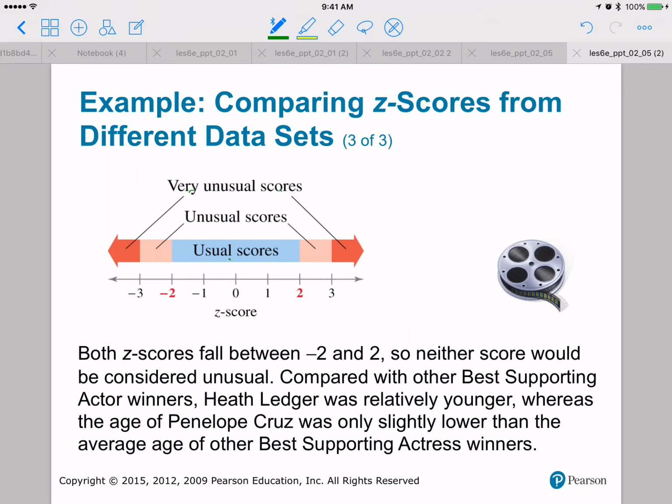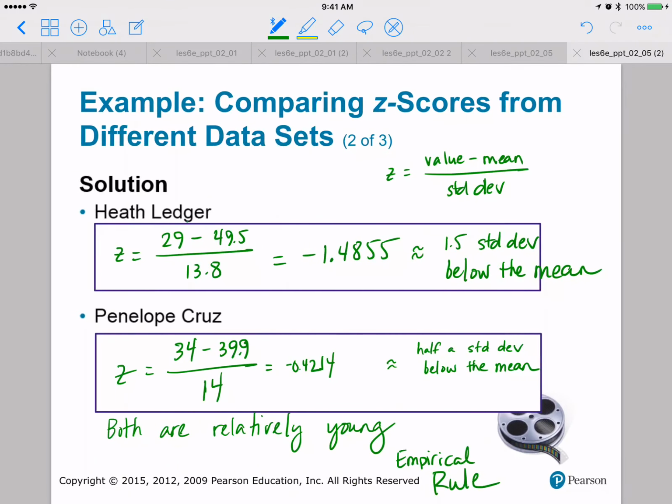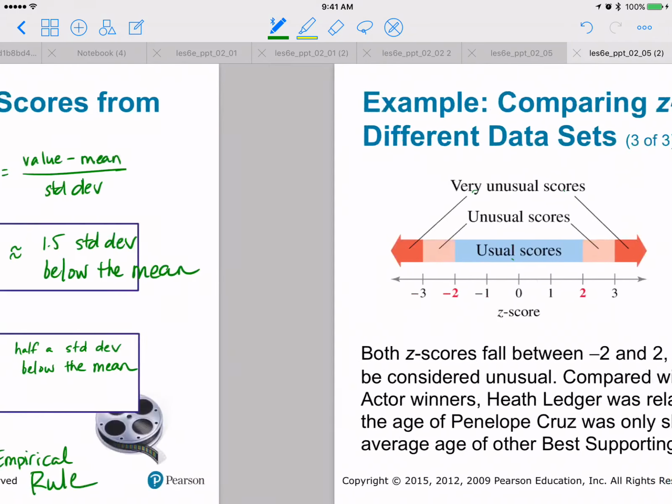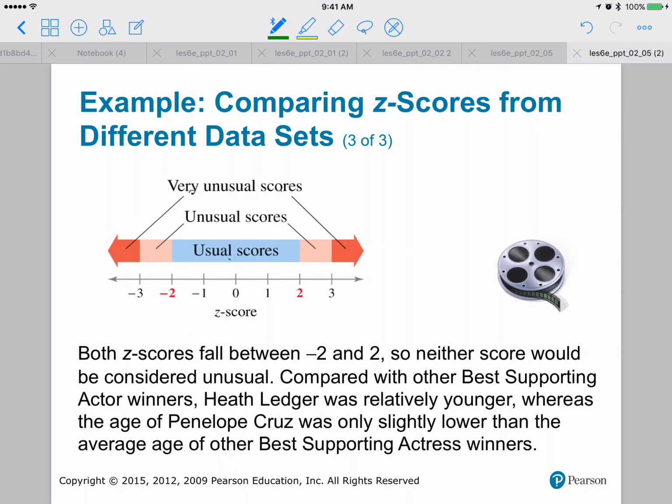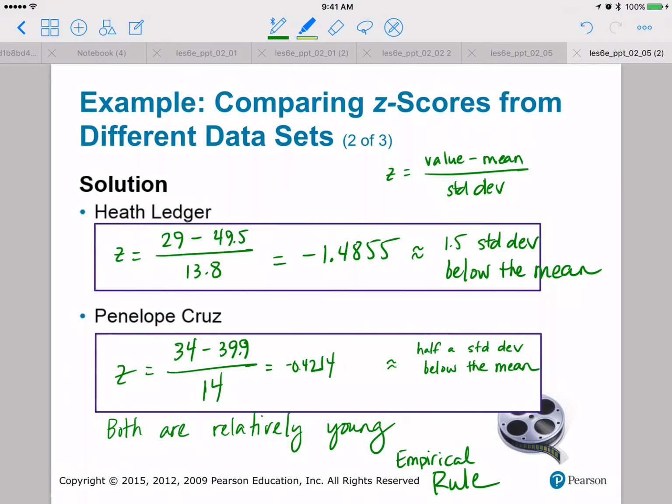So, since both of the z-scores are in this zone here of usual scores, so they're young, they're relatively young, but it's not extreme.